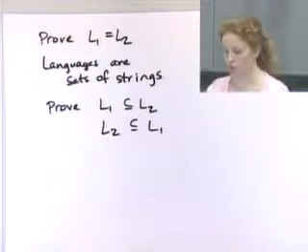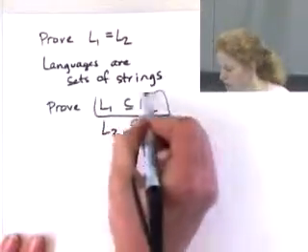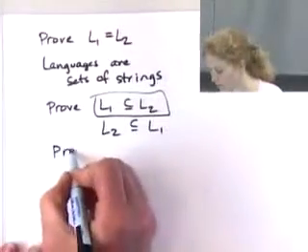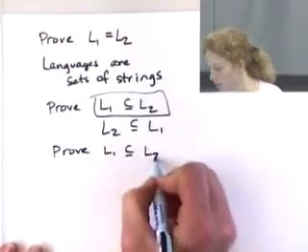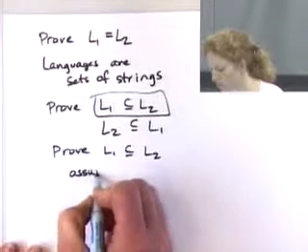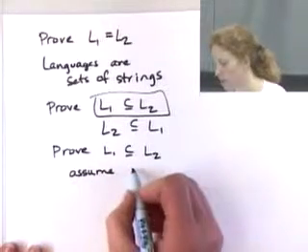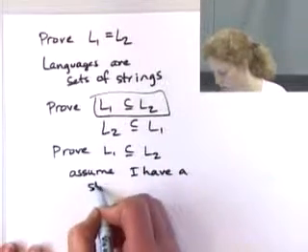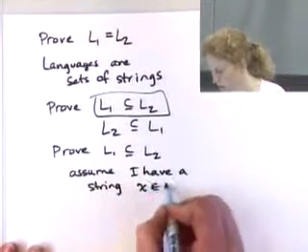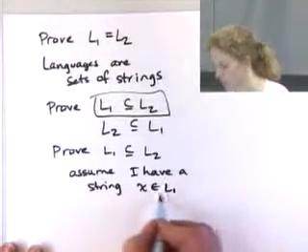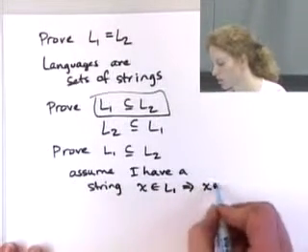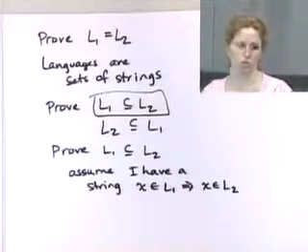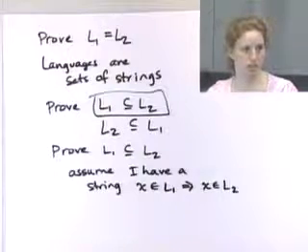So say I just wanted to prove this first one, and you can do the same sort of thing vice versa. If I want to prove that L1 is a subset of L2, I assume that I have a random string X in L1, and it has to be true that if X is in L1, then it's in L2, and that's a proof that L1 is a subset of L2.